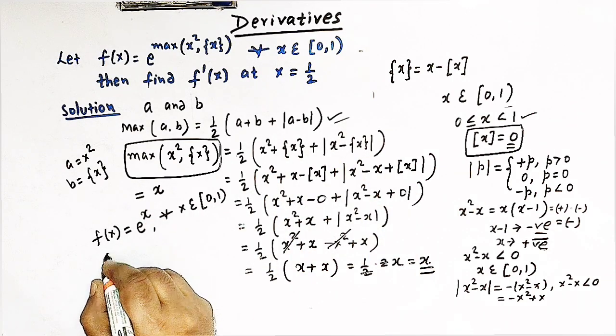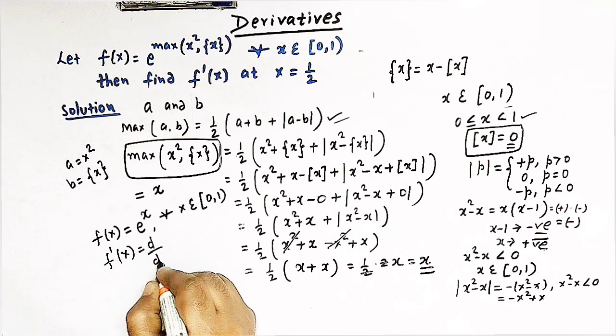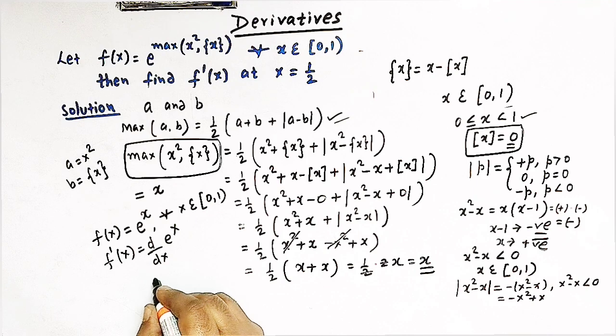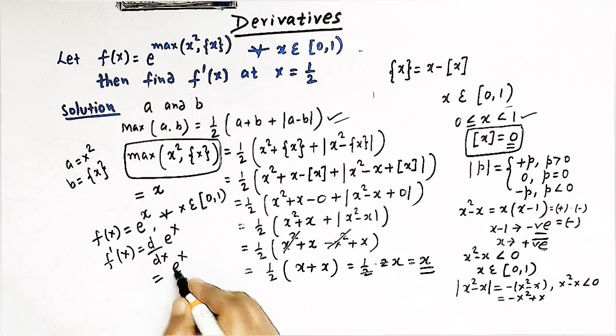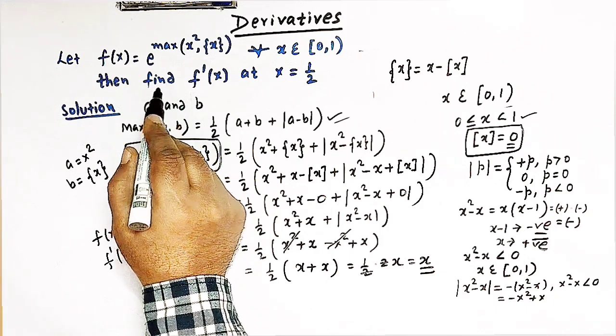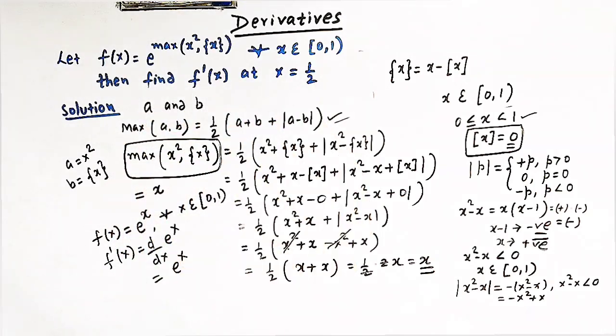So if we differentiate it, then f prime of x is d by dx of e raised to x, and the derivative of e raised to x is e raised to x. And we have to find f prime of x at x is equal to half.